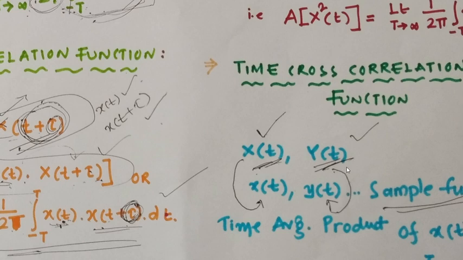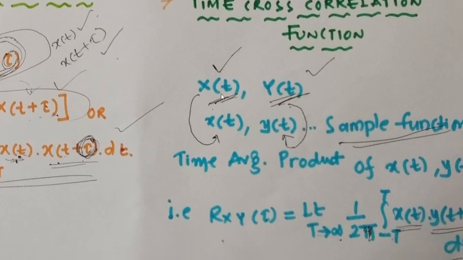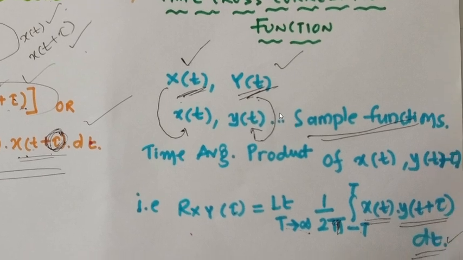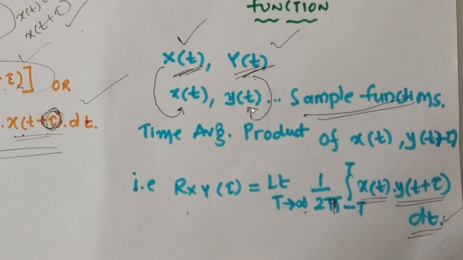In the first random process, X of t, we have defined one sample function that will exist for all values of t, and small y of t is a sample function in the random process Y of t. These two are the sample functions.